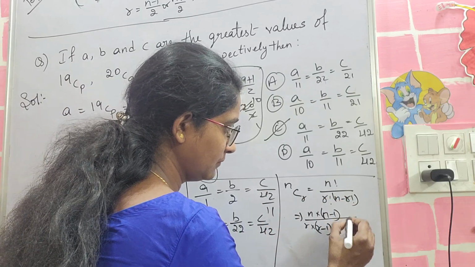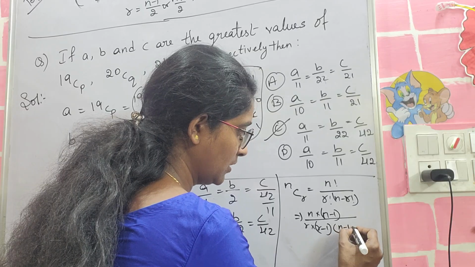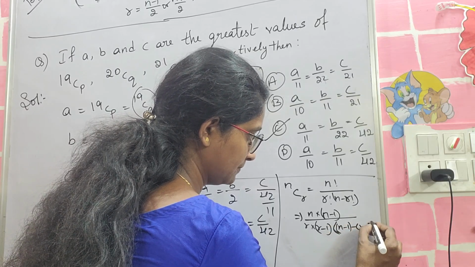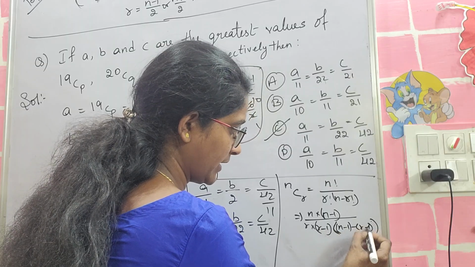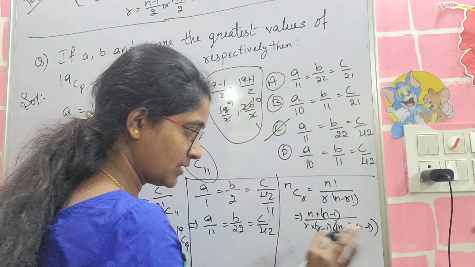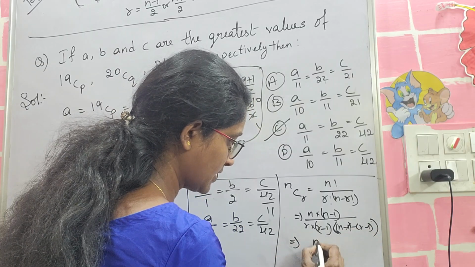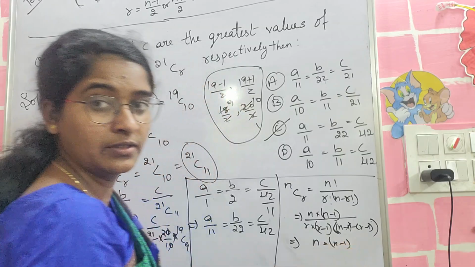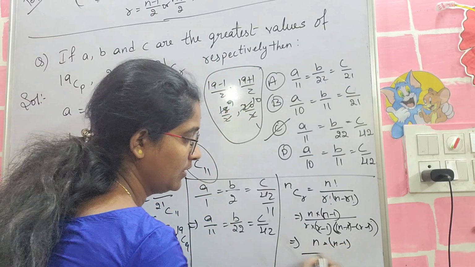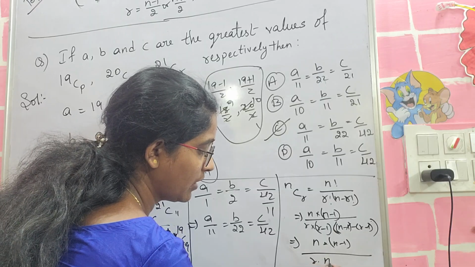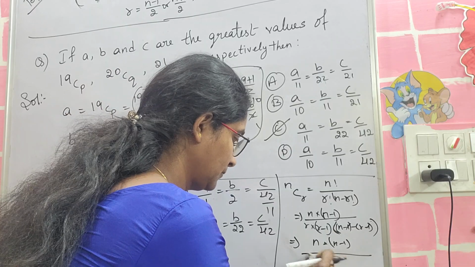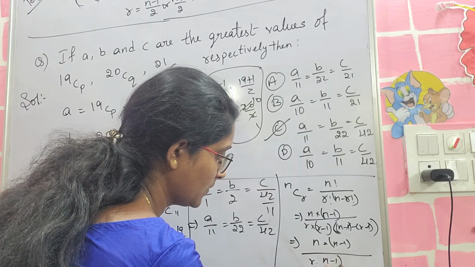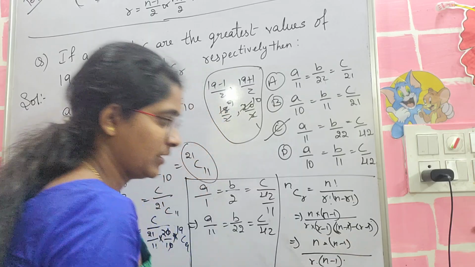N minus 1 minus of R minus 1, right? So if this gets cancelled, this both minus into 1 is plus, that gets cancelled. So your answer is n of n minus 1 by R of R minus 1.